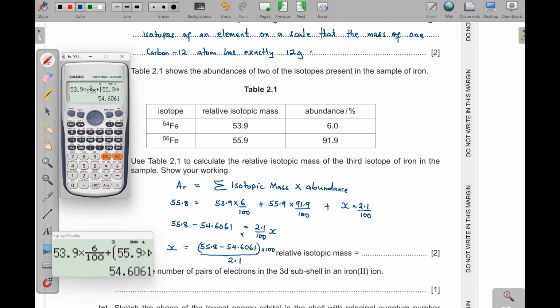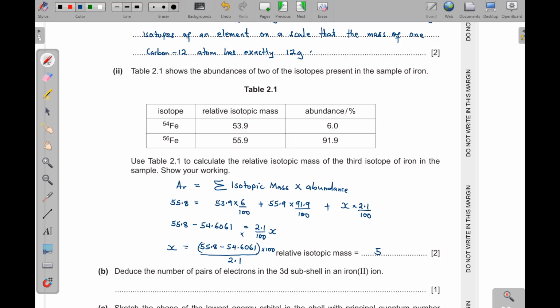I will say 55.8 minus that answer, then times 100, then divide by 2.1. The answer becomes 56.85. But since all of these have been to one decimal place, I'll write 56.9. 56.9, three significant figures.